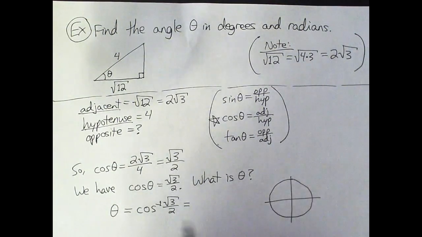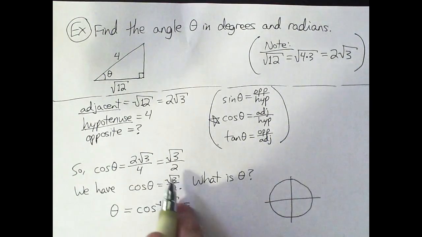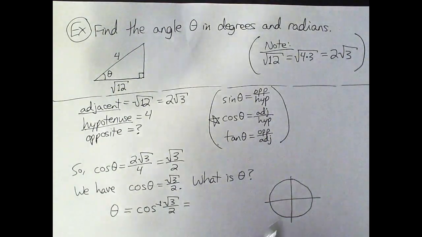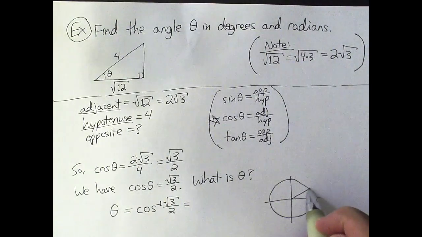And we would say, do we know a value of theta that when we take cosine of it, we get root 3 over 2? I do know something that when I take cosine of it, I get the square root of 3 over 2. There's this one here.